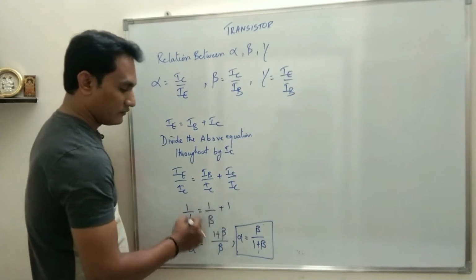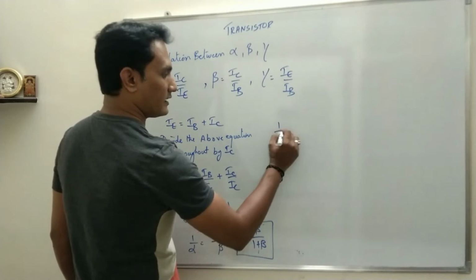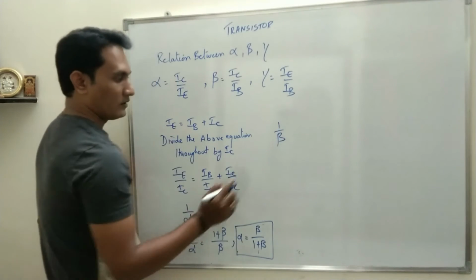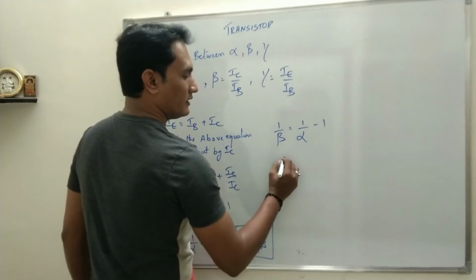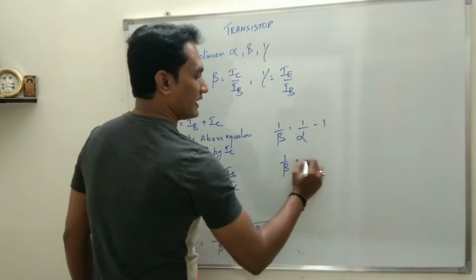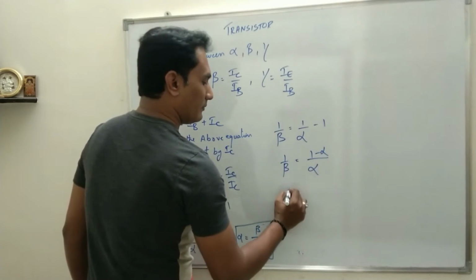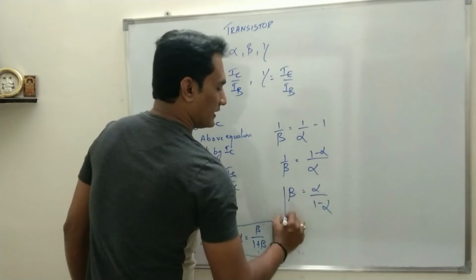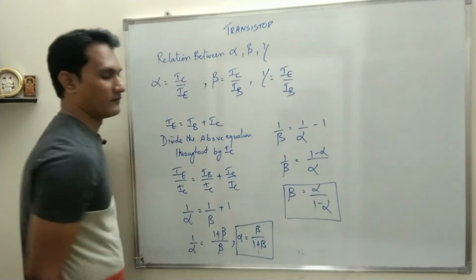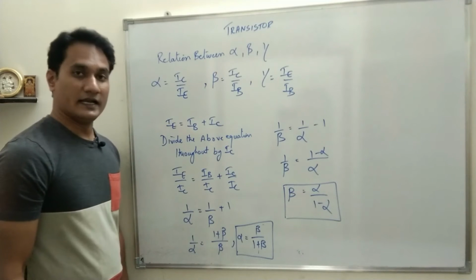If you slightly modify this equation, you can write 1 upon beta is equal to 1 upon alpha minus 1. Right, so 1 upon beta is (1 minus alpha) upon alpha, and what will be beta? Beta will be the reciprocal of this, so it will be alpha upon (1 minus alpha). Okay, so this is the relationship between alpha and beta.